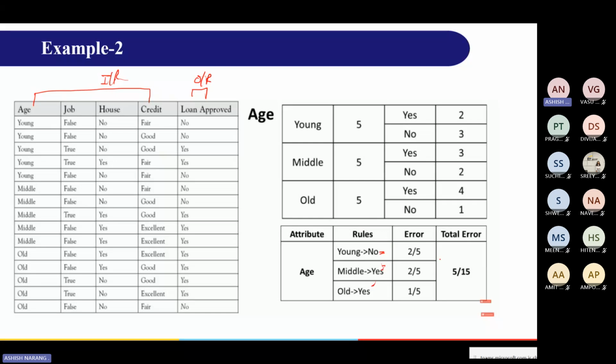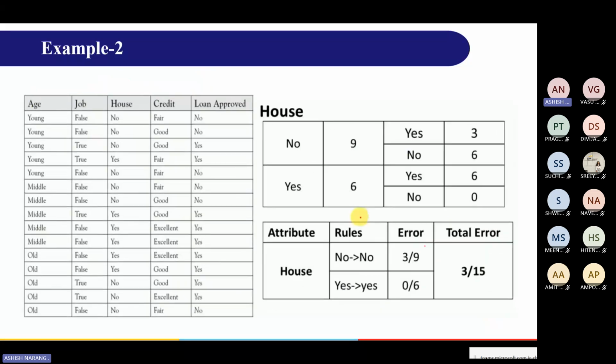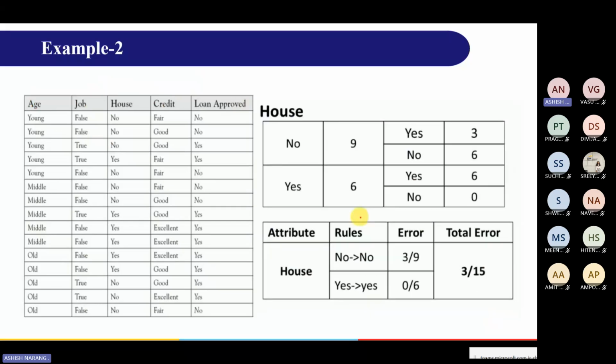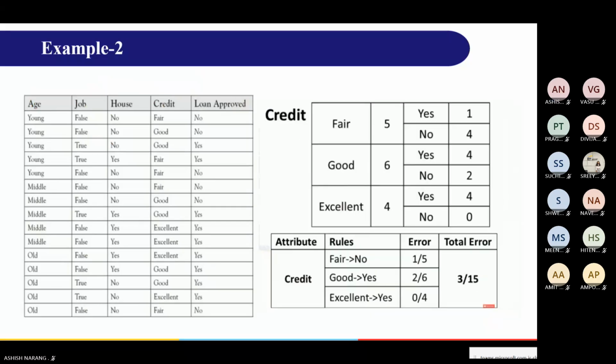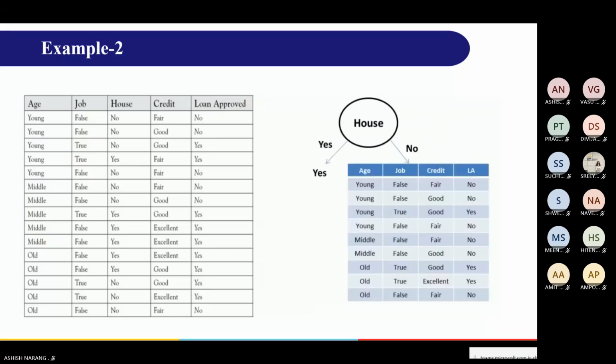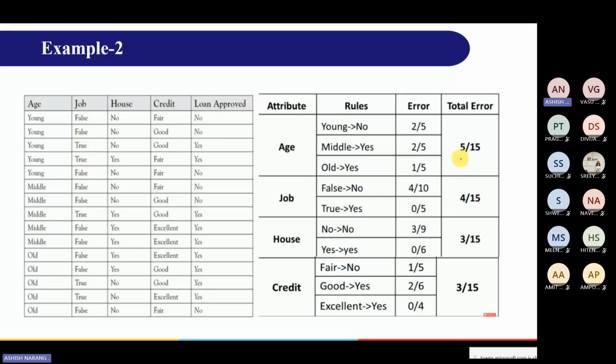So what is the error? 5/14. We have checked the error for job, house, credit, and this is what you are getting. Again we have a tie here, so we are picking up house because it has a lesser number of branches, and again there is a pure partition among it.